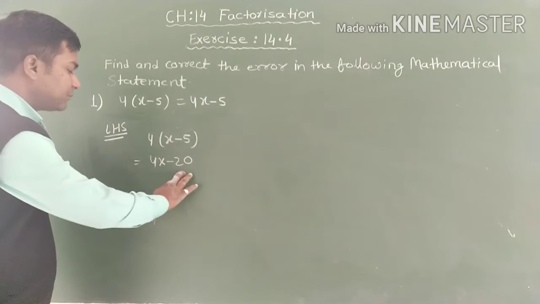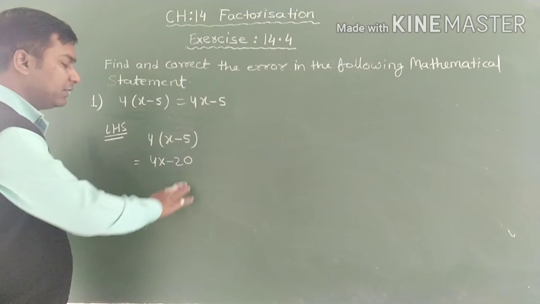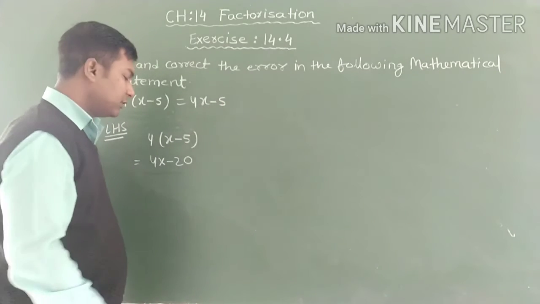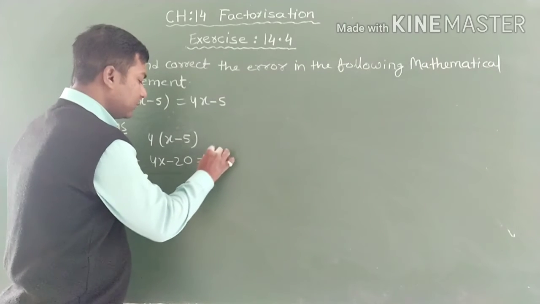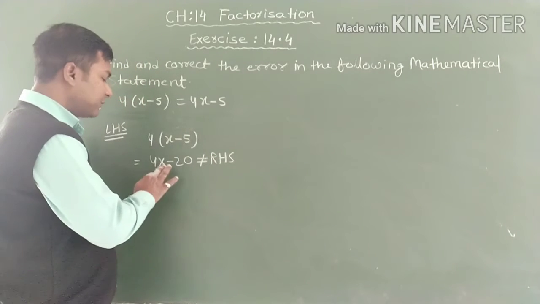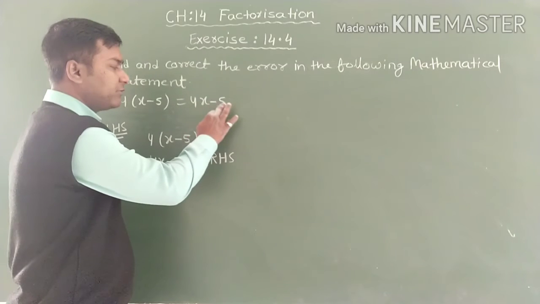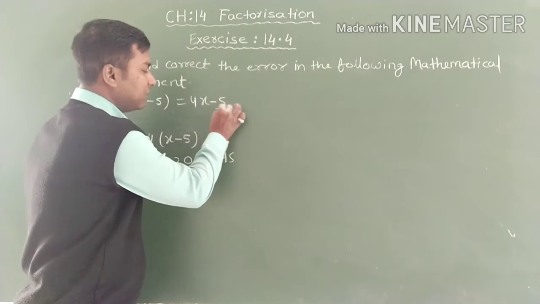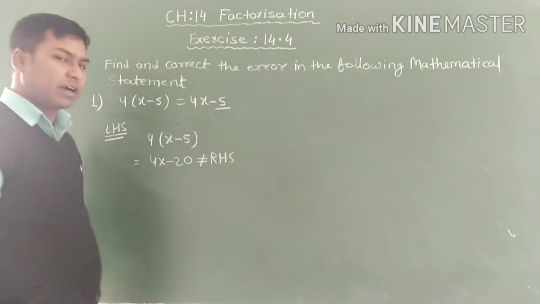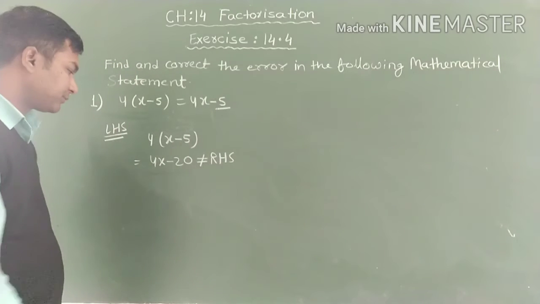Now, this LHS part is 4x minus 20, and this will not equal 4x minus 5. So this will not equal RHS. So what is the error? This is 4x minus 20 and this is 4x minus 5. Okay, so minus 5, this is the error. And we have to write the correct statement.